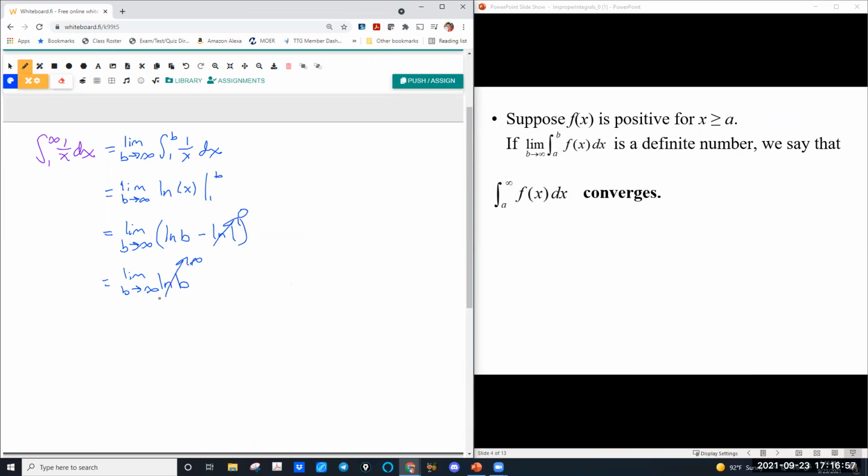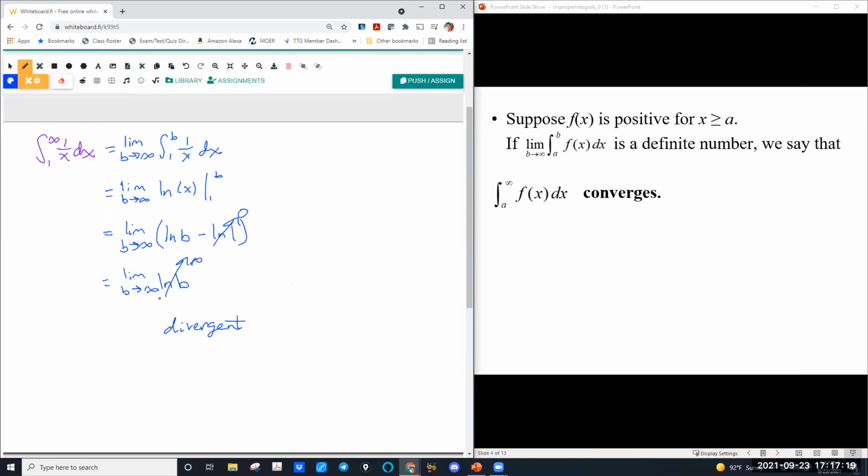If you find your limit goes to infinity or does not exist, you're done. Your improper integral is divergent. And don't worry, we're not worried about what it diverges to. We're just saying it diverges. If it doesn't converge, it diverges.